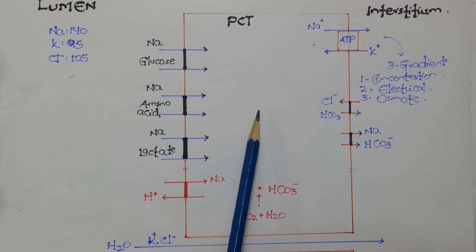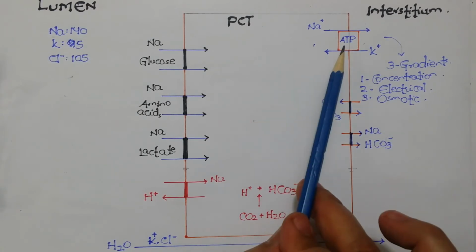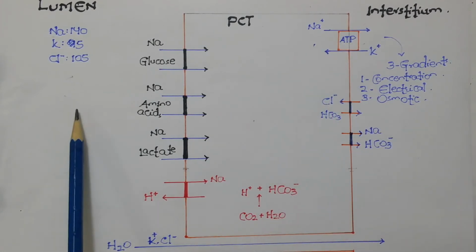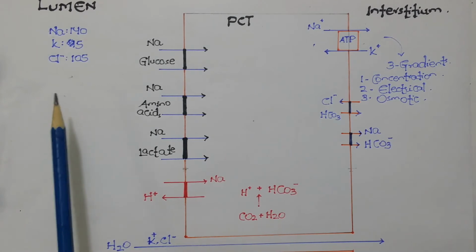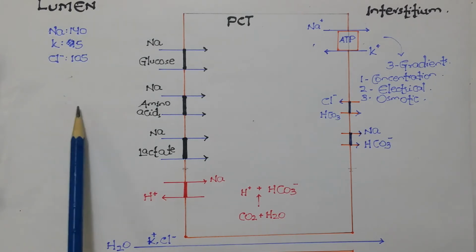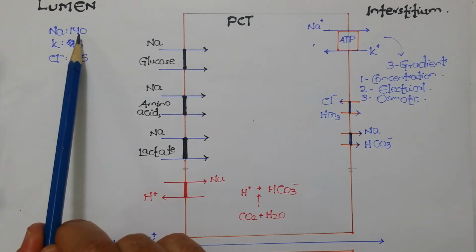Since the intracellular stores of sodium are very low, and we have a higher concentration of sodium in the glomerular filtrate because it is an ultrafiltrate of plasma, the concentration of sodium and every other electrolyte here is in proportion to its plasma concentration. In the case of sodium, it approaches about 140 millimoles per liter.